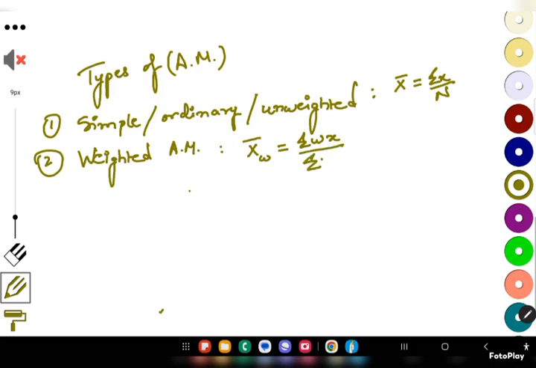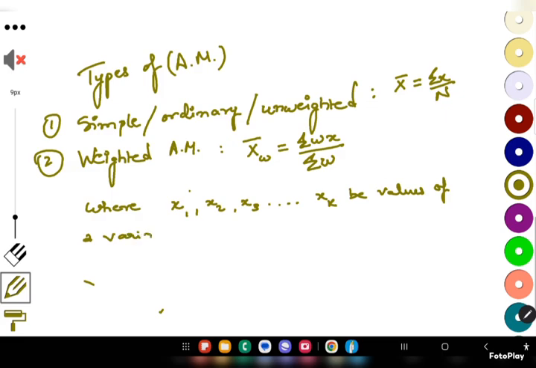Now it is used in the situation where x1, x2, x3 till xk are the values of any variable x in a series, and certain weights are assigned to those values, which can be represented as w1, w2, w3 and further till wk.